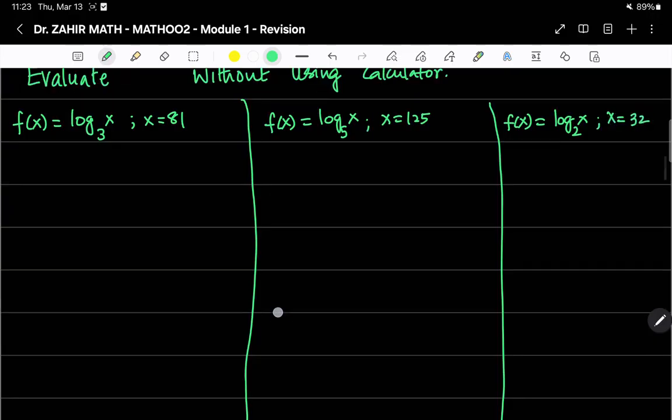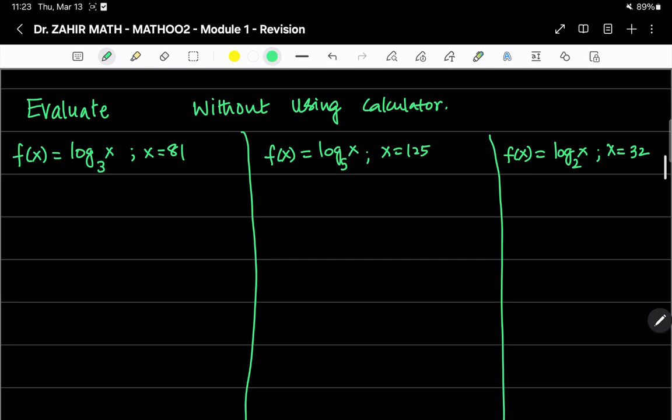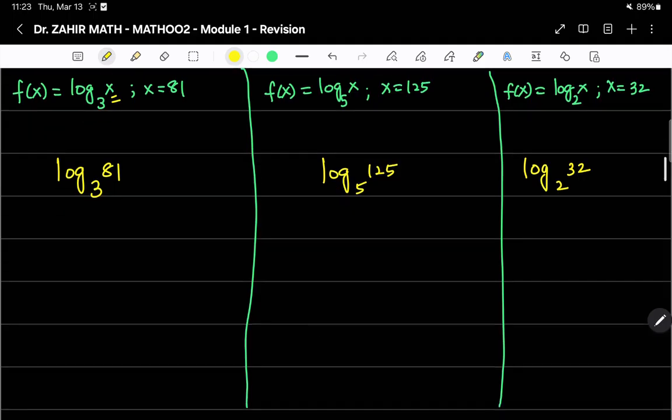What is the meaning of this? You are going to find the log. Here x is 81 with base 3, here log 125 base 5, and then log 32 base 2. Teacher, I have a calculator and I know where this button is. Yes, you can see this button.